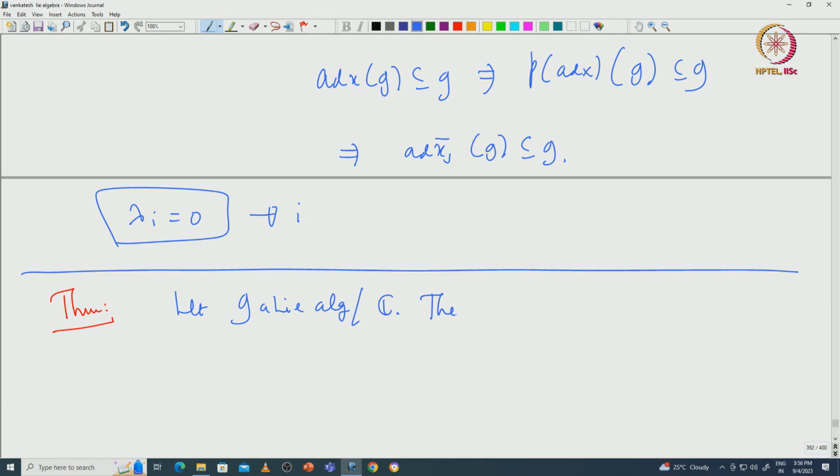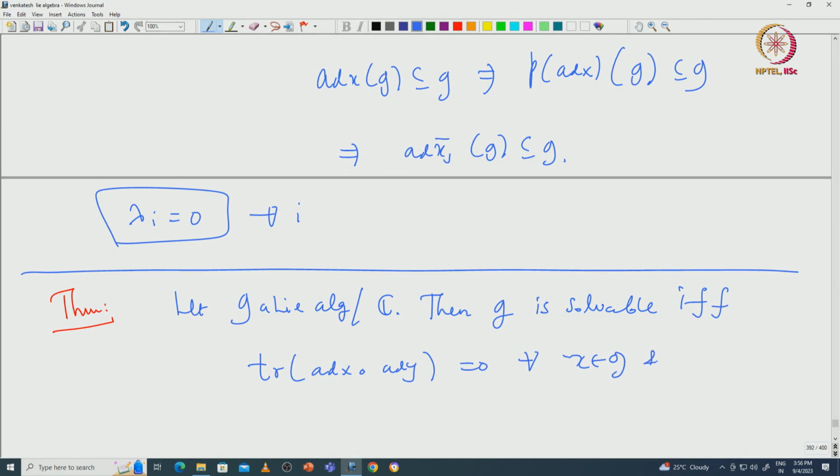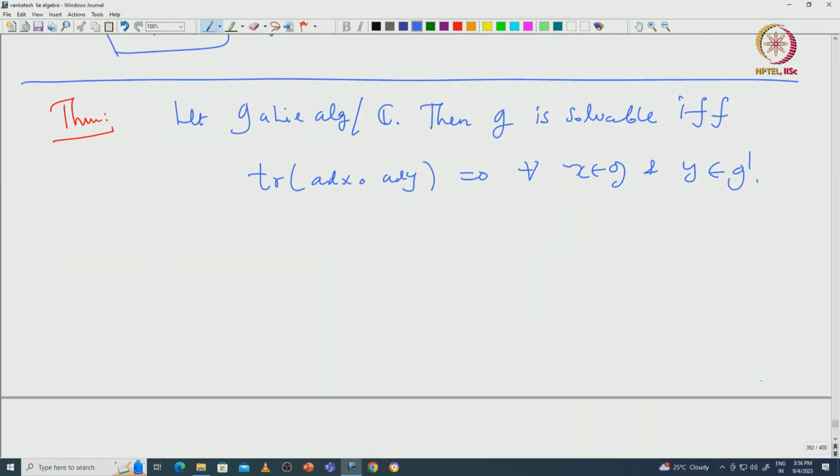Then G is solvable if and only if the trace of ad x composition ad y is 0 for all x in G and y in G dash. This is the trace condition for solvability.